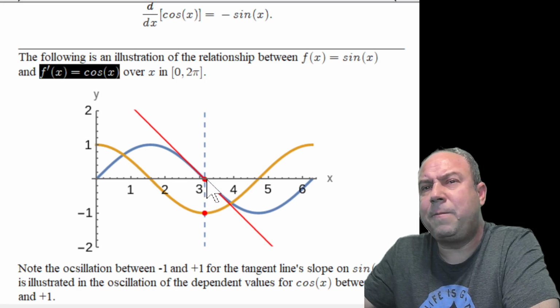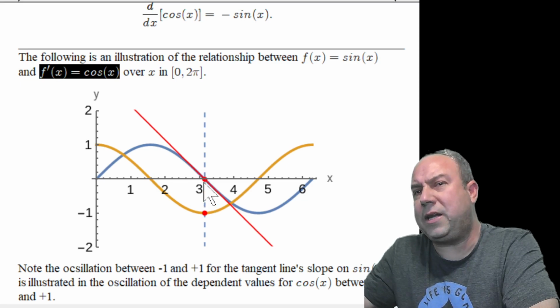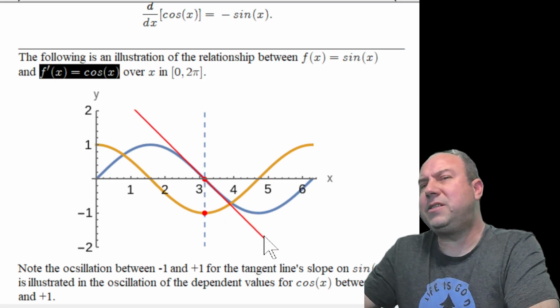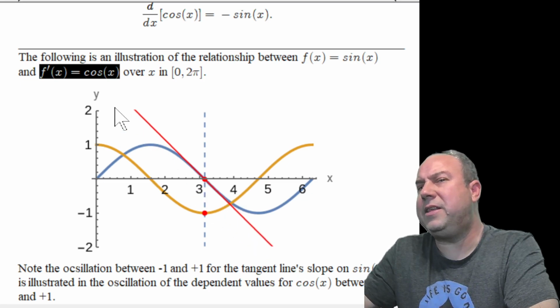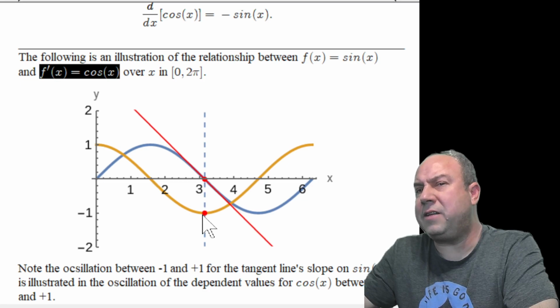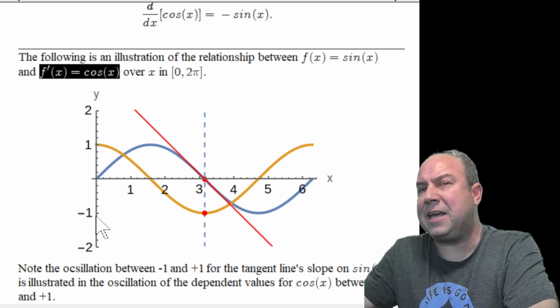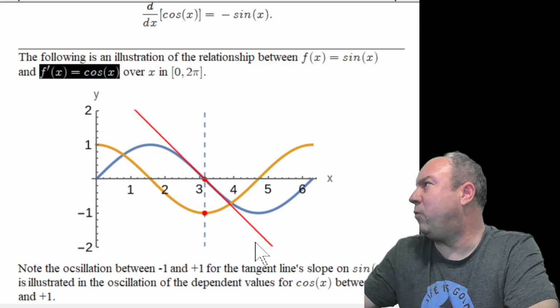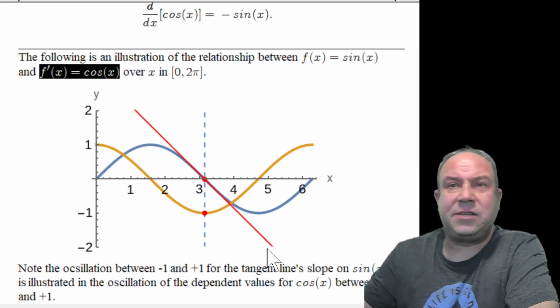And you can see here, I place this point on the sine's graph, the blue graph, right at the value of pi. We can see the slope of the tangent line here would be this negative slope, and it would be described by the cosine's value at pi, which would be negative 1. This slope is actually negative 1 in its rise over its run.